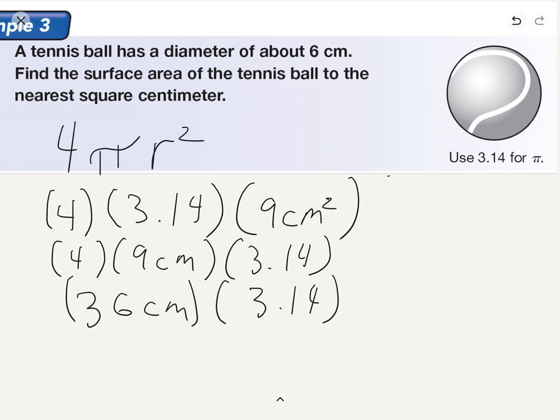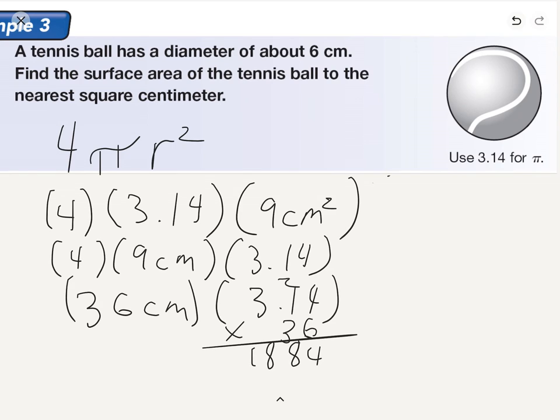And then you could just figure out your way to the end there. What am I doing there? 6 times 4 is 24, 6 times 3 is 18.